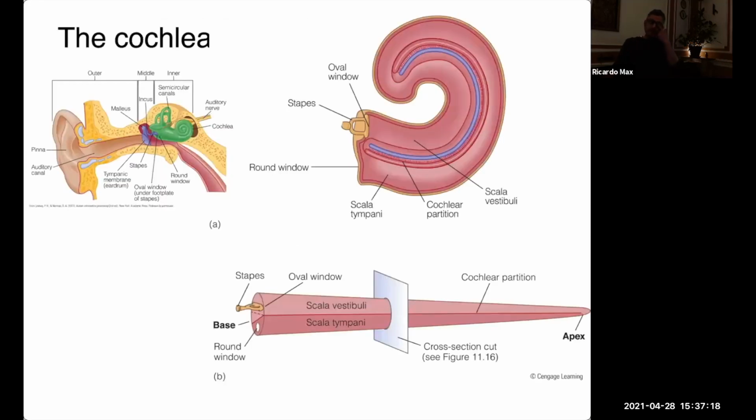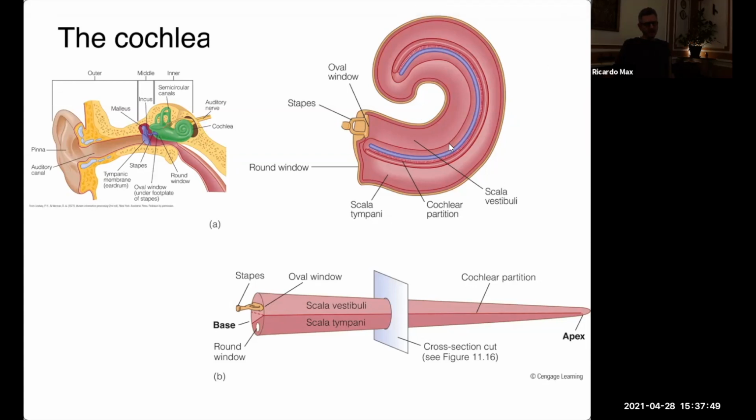So just to remind you from last time, we have the outer ear with the pinna and the auditory canal, and then we have the middle ear with the eardrum, the incus, the malleus, and the stapes, and the vibrations from the air are transmitted into the inner ear through the oval window into the cochlea, which has liquid inside.